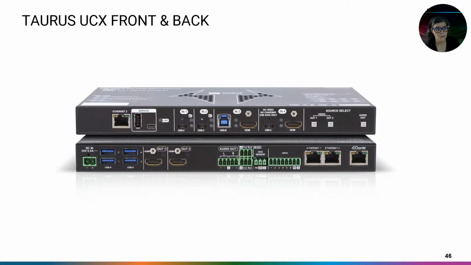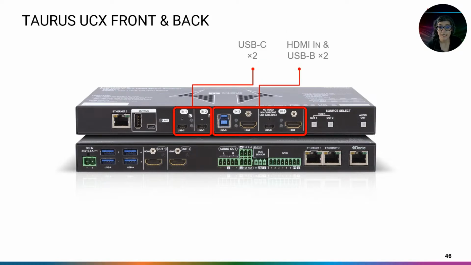So let's take a look at what this Taurus looks like. Here is that Taurus UCX HC40 in front and back. So we've got our 2 USB-C ports, and then right next to that we have our HDMI and USB-B inputs. We also have our 4-port hub over here for your mice and keyboards and things like that.